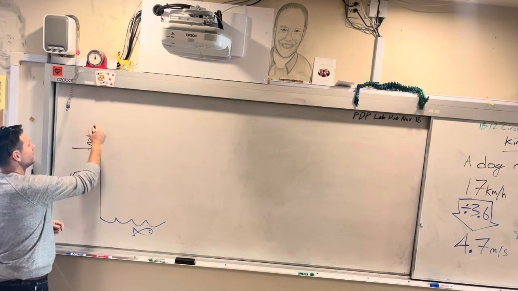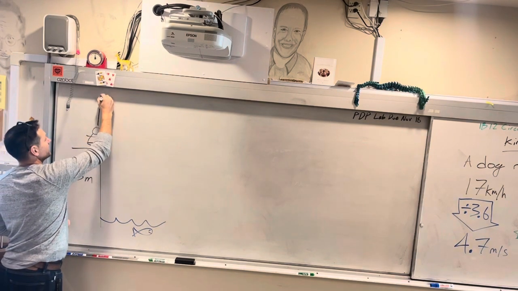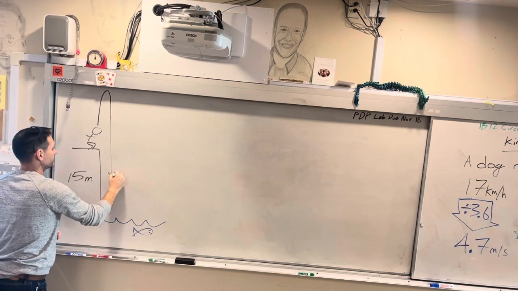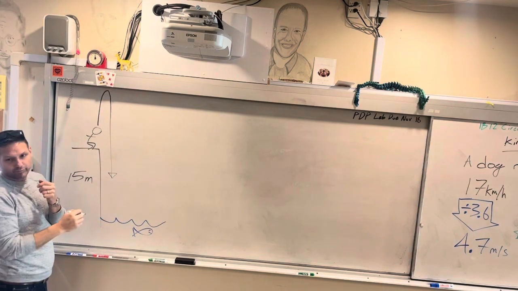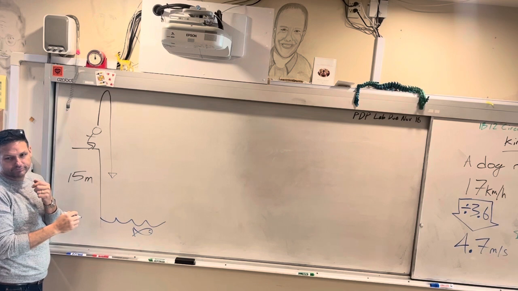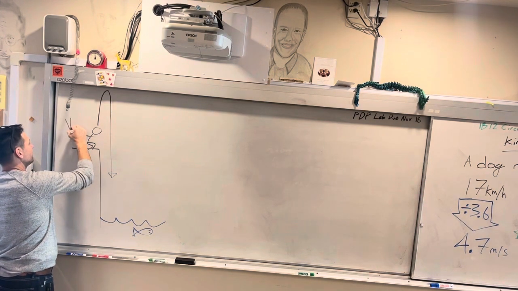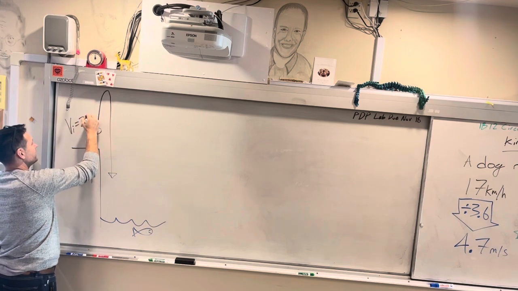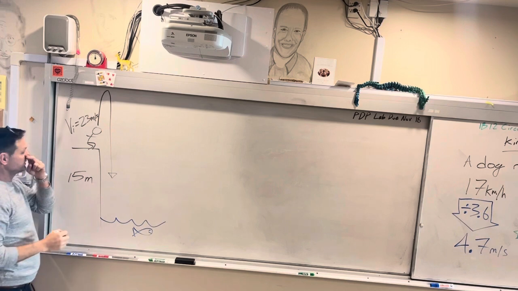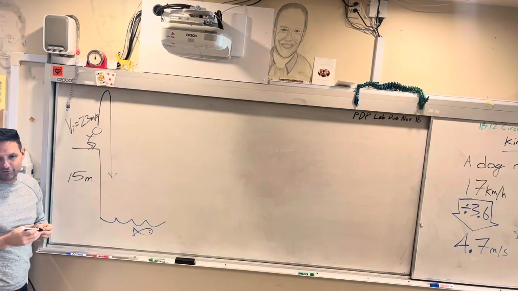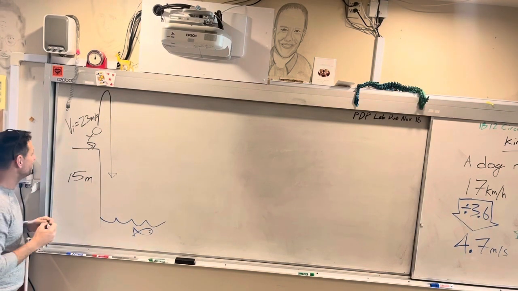And he's gonna jump upwards and then come down. Matthew's a very good jumper. He's gonna jump up at a velocity of 23 meters per second. That would be a very, very impressive feat, but we're gonna go with that.